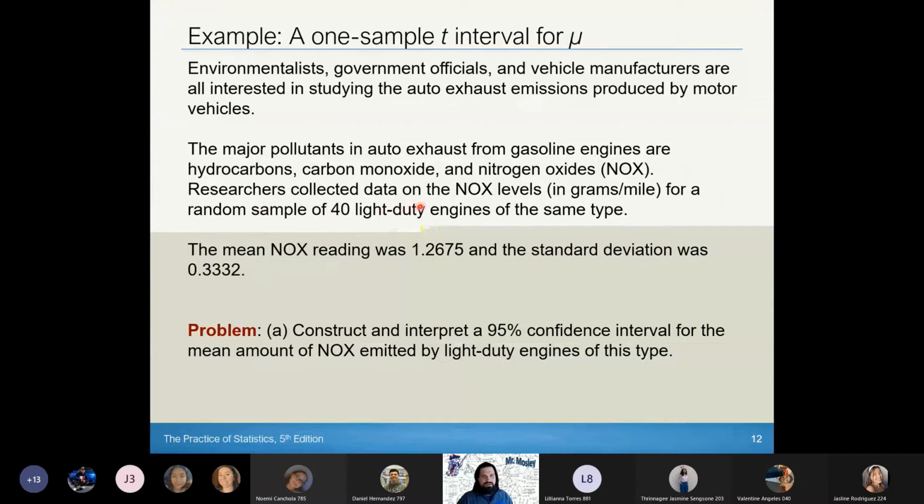Researchers collected data on the NOx levels in grams per mile for a random sample of 40 light-duty engines of the same type. The mean NOx reading was 1.2675, and the standard deviation was 0.3332. We want to construct and interpret a 95% confidence interval for the mean amount of NOx emitted by light-duty engines of this type.